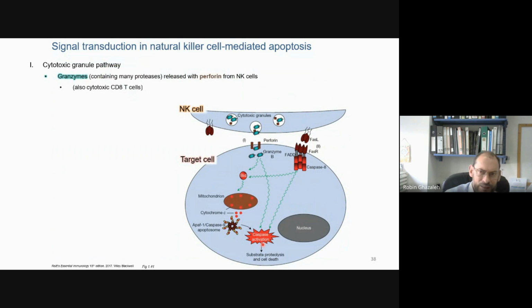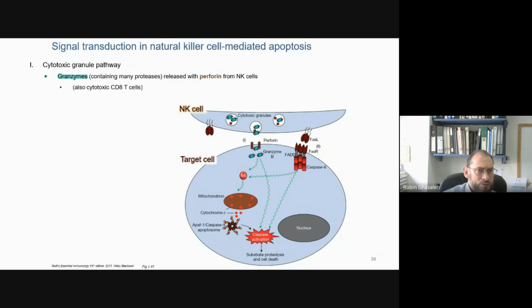Also with platelet aggregation, with thrombosis, you will see, not in this course but in other courses, how proteolytic cascades are also involved in blood clotting.